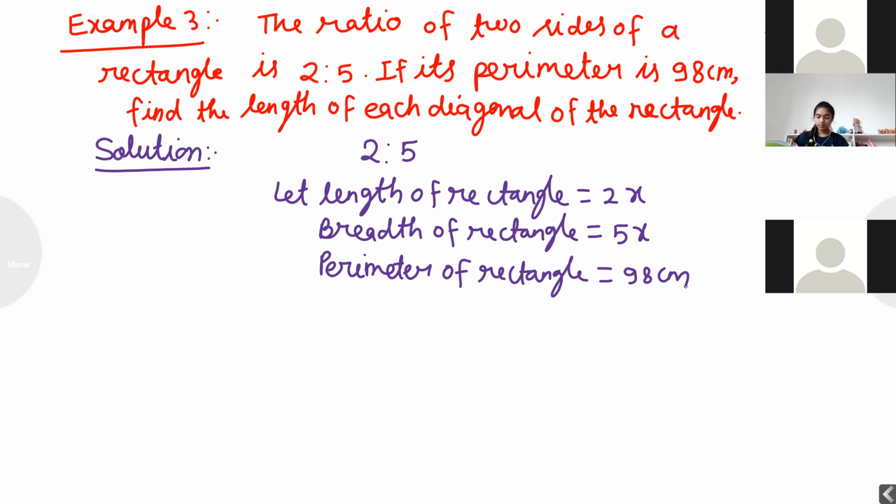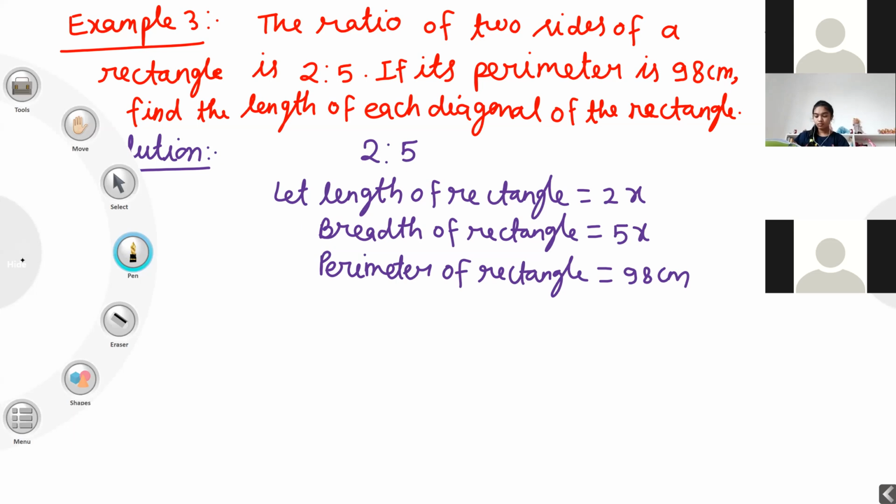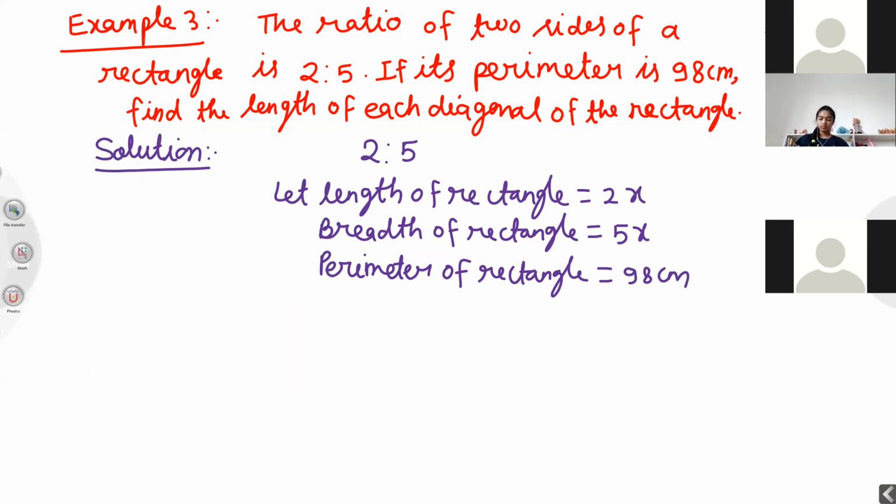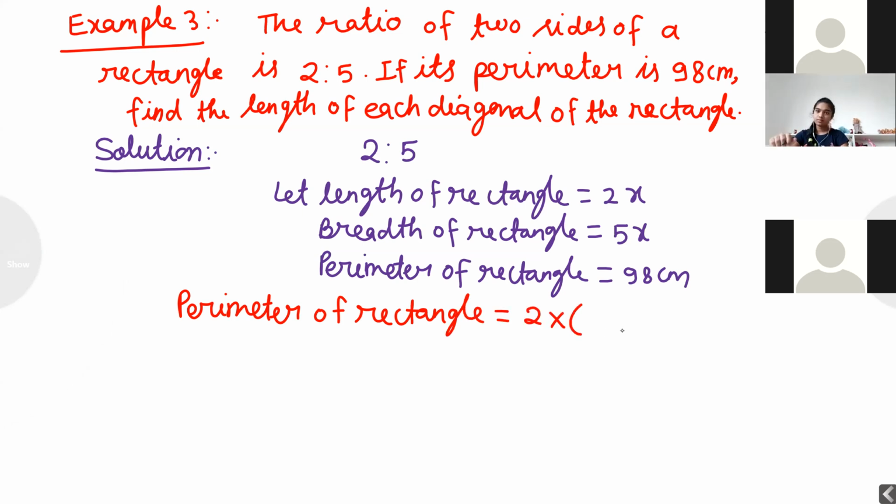I know the formula: perimeter of rectangle is equal to 2 into L plus B. What is L?